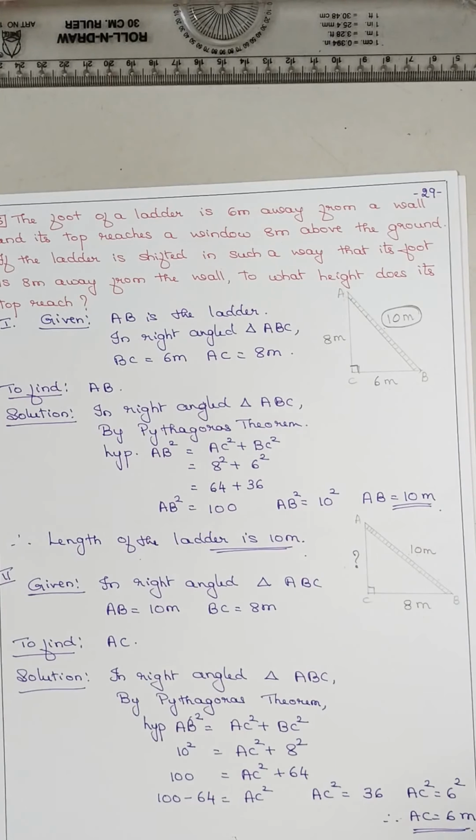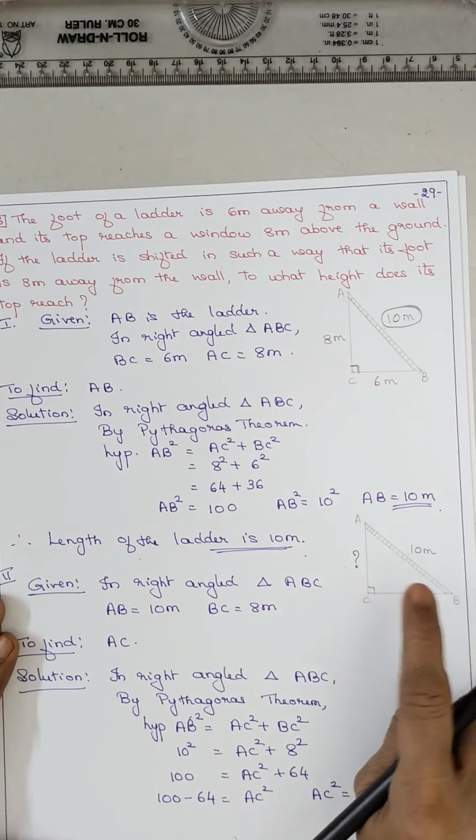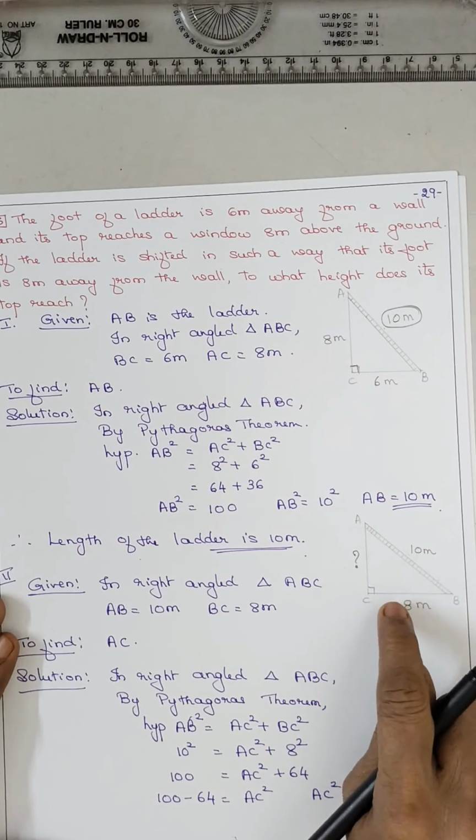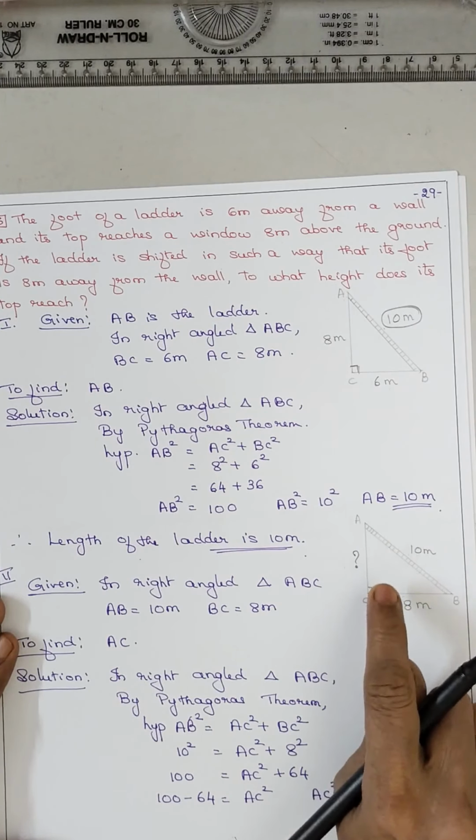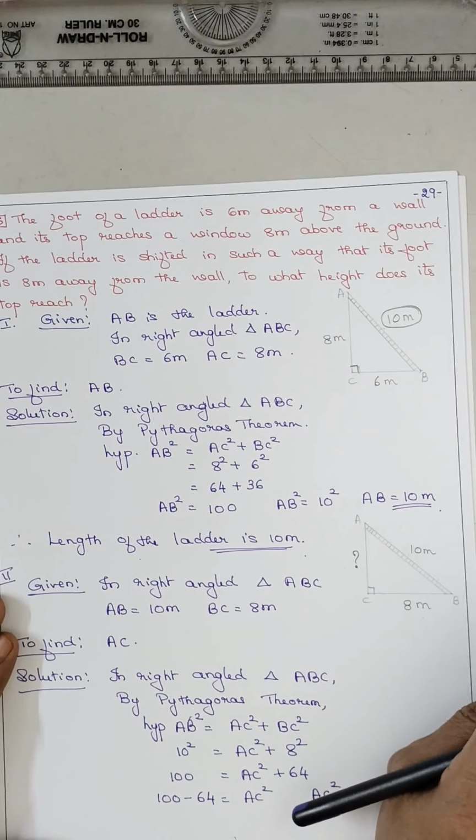So hope you understood. There are two halves in this sum. So first find out the length of the ladder, then taking that length find out the distance of the top of the ladder from the ground.